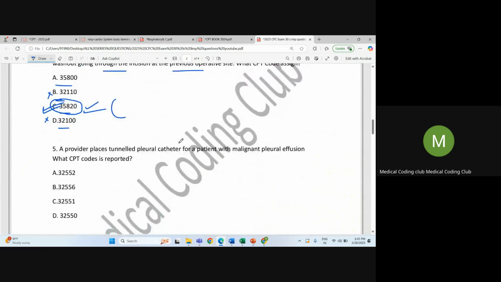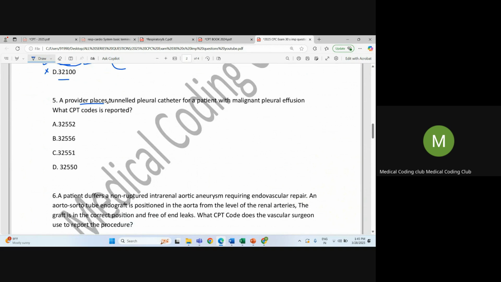Next question we'll see. The provider places a tunneled pleural catheter for a patient with malignant pleural effusion. What is the CPT code reported? So this question is not complete. Here they have just given a keyword. They are saying the provider placed a tunneled pleural catheter for the patient who has malignant pleural effusion. So we can just check the answer for tunneled pleural catheter.